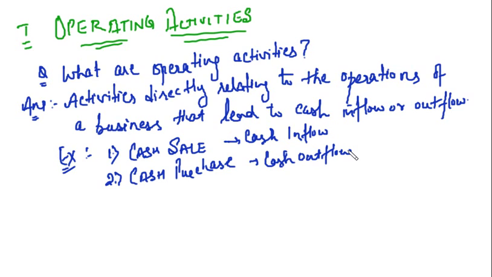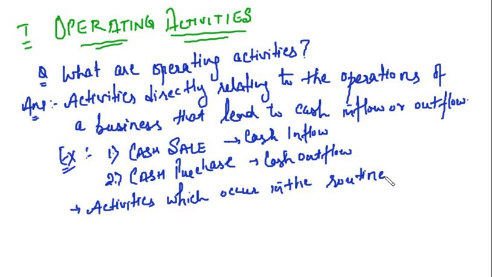Clear, friends? So, what are the operating activities? The activities which are directly relating to the operations of a business that lead to cash inflow or outflow. These are called operating activities. In simple terms, I can say activities which occur in the routine operations of a business.